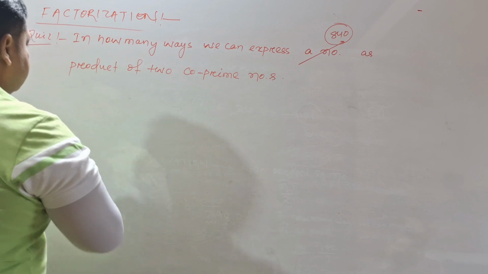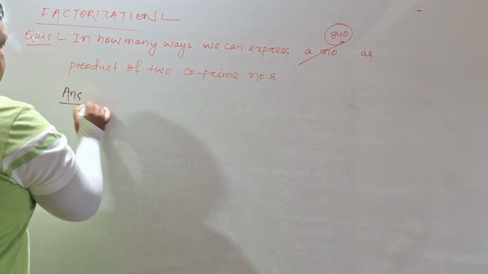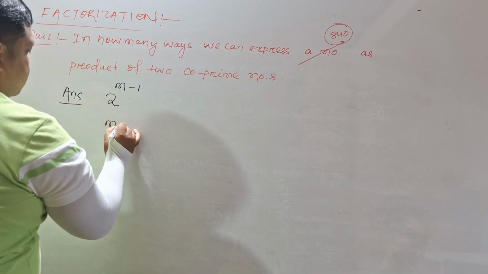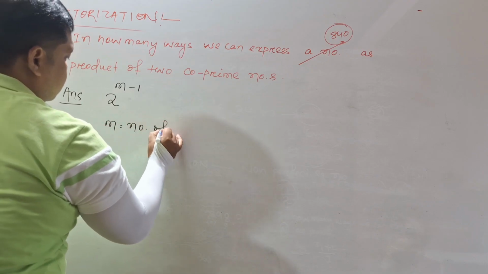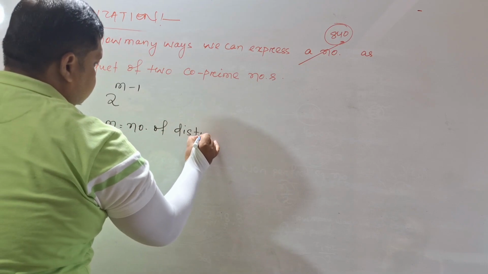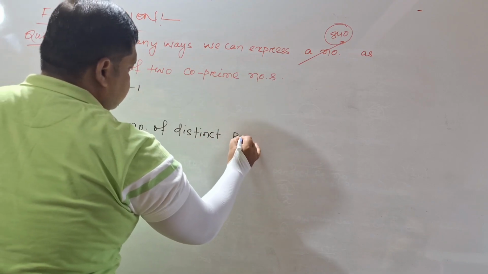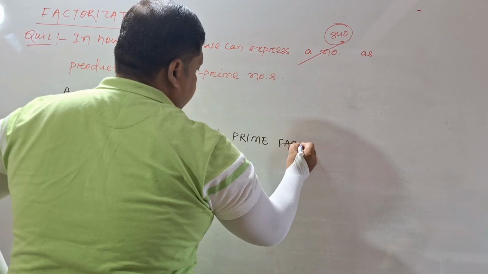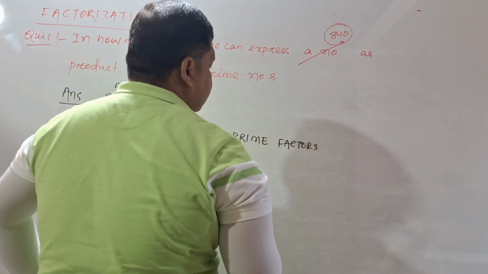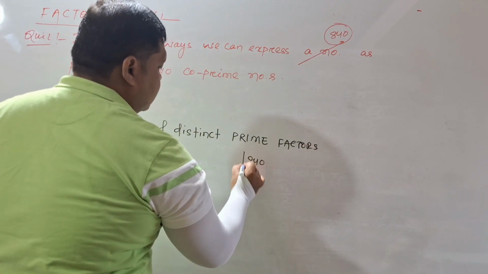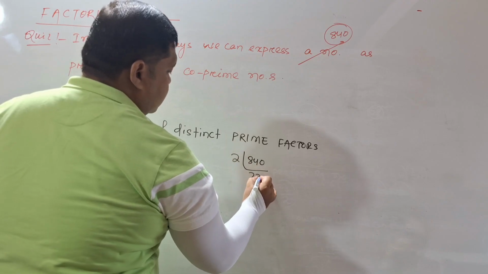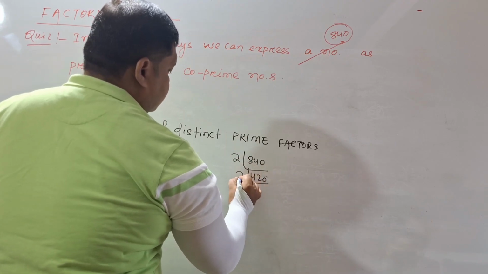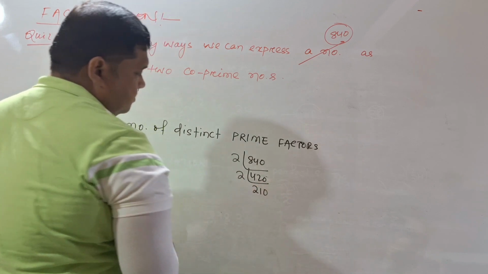Now here the answer is 2 to the power (m minus 1), where m stands for the number of distinct prime factors. So here 840 has how many distinct prime factors? Divided by 2, I get 420. Again divided by 2, I get 210.